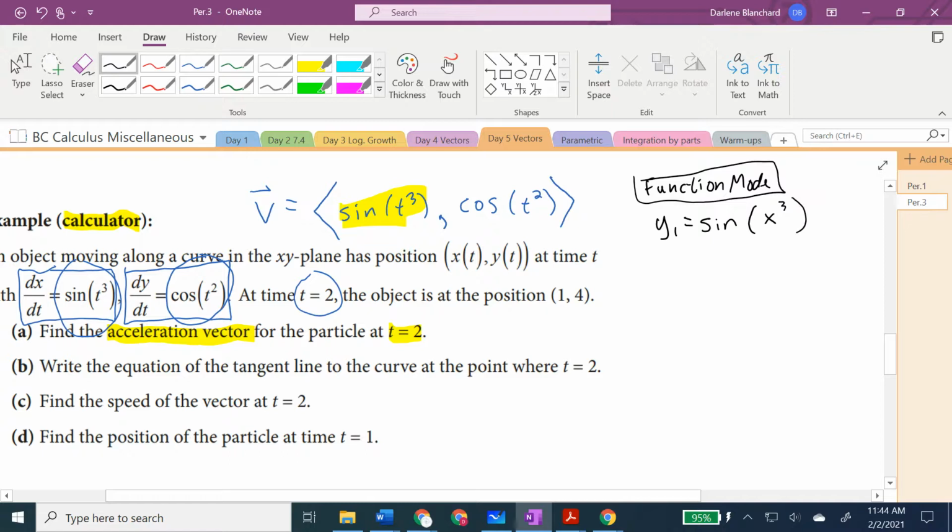Then push second and the F4 button, and one of the things down that menu is dy/dx.